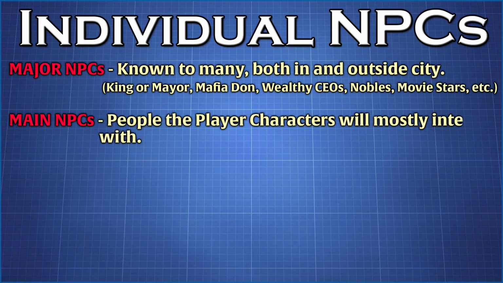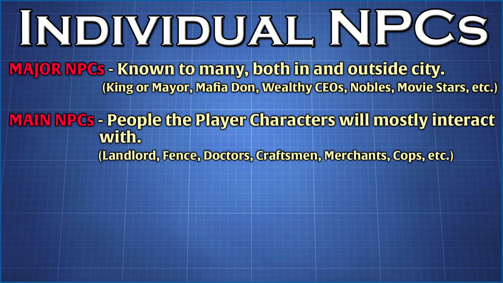Then you have your main NPCs. These are your personalities that your players are going to be doing the most face-to-face time interacting with. The bartender at their favorite local hangout spot, maybe their landlord or a local fence, a backroom doctor, skilled craftsman, specialty merchant, or local law enforcement like your friendly neighborhood beat cop. Now, one person that I have used in several cyberpunk campaigns is a pawn shop owner named Skinner, and he's someone that the player characters seek out, to fence stolen goods to or buy things from.